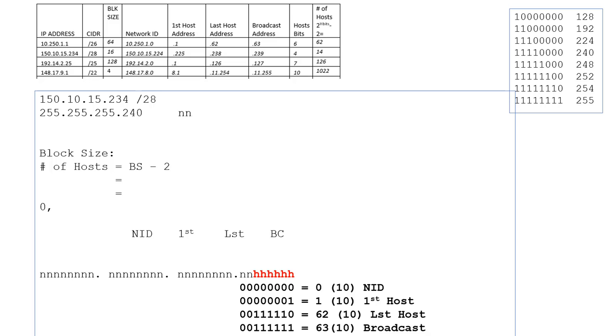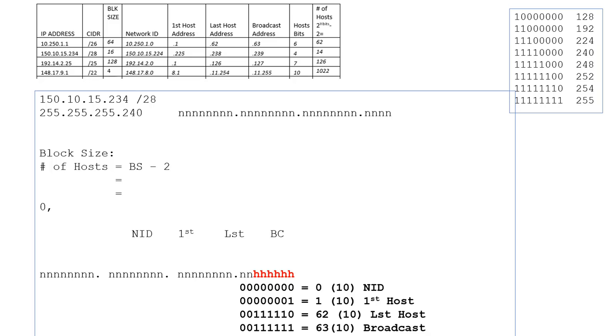Okay, let's get rid of those spaces. And then I need 4 more bits here. 1, 2, 3, 4 for my network bits.